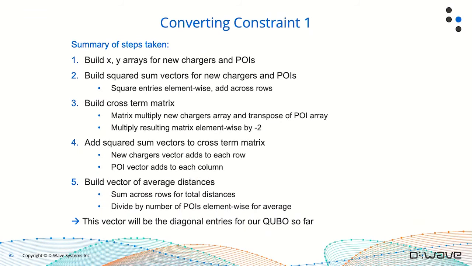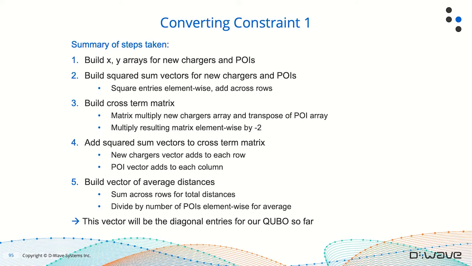So here's a summary of all of the steps that we went through. We went through a lot of steps. So first we built those XY arrays, one for the new chargers and one for the points of interest. Then we built those squared sum vectors. We squared entries element-wise, and we added across the rows, both for the new chargers and the points of interest. Then we built that cross-term matrix using matrix multiplication.